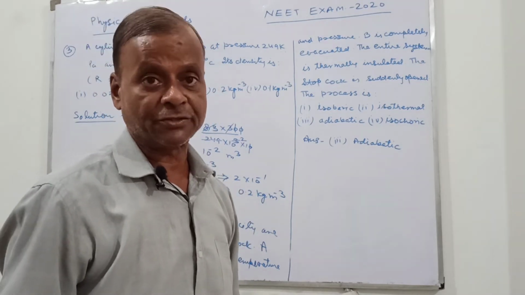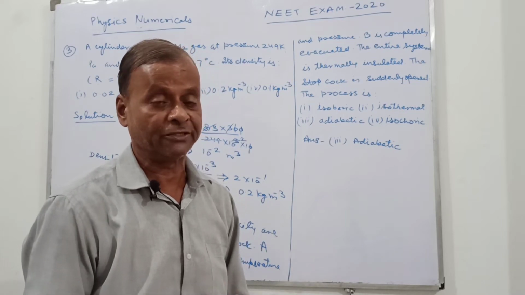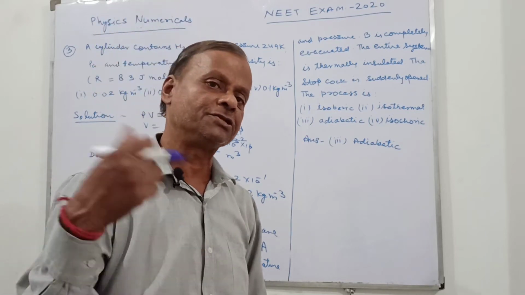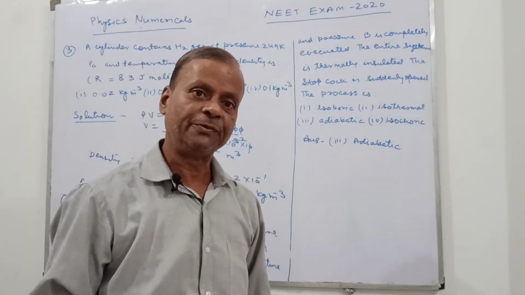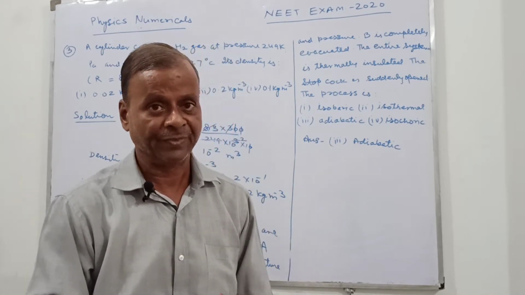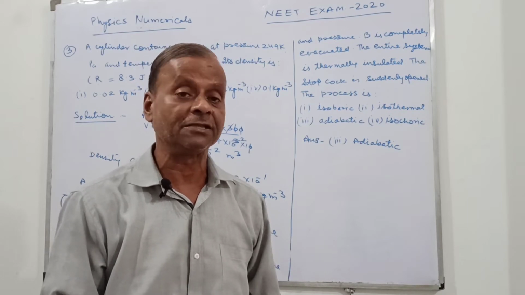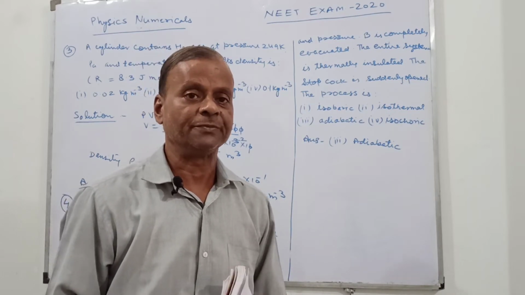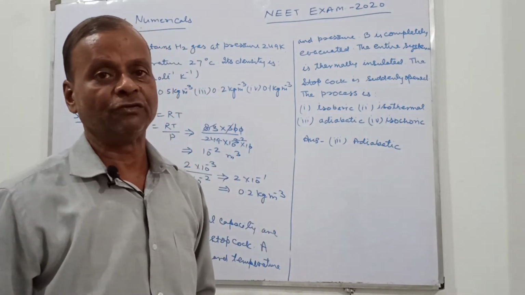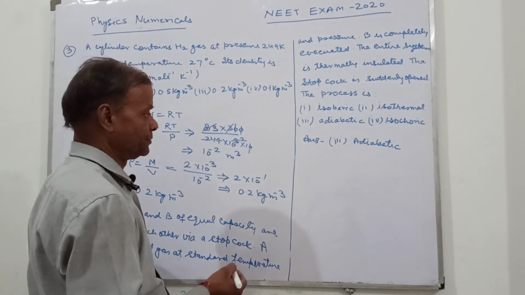When two cylinders were connected by a stopcock, one completely evacuated and the second filled with gas, and the stopcock was suddenly opened, the gas from one cylinder goes to the other cylinder. Since there is no exchange of heat, the system is completely thermally isolated, so the process will be adiabatic only.